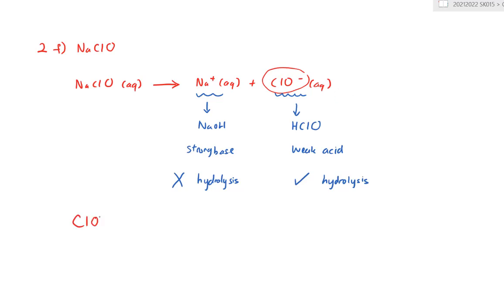So ClO negative will react with water, and this process is in equilibrium. ClO negative will accept one proton from the H2O to become HClO aqueous solution. So the H2O, after removing one proton, is left with OH minus. So you can see over here, the proton is transferred from the water H2O to the conjugate base.